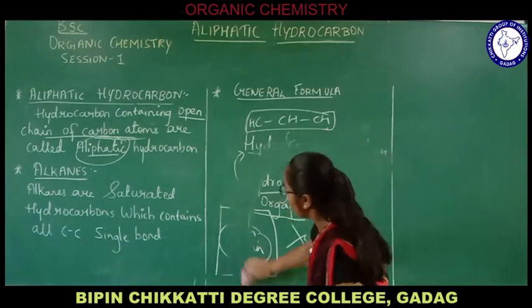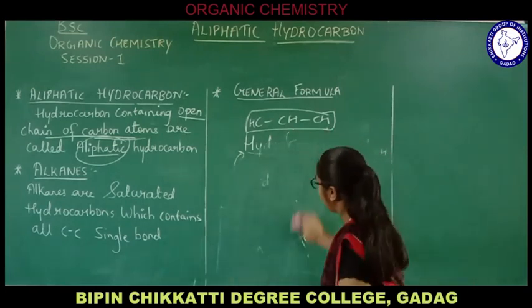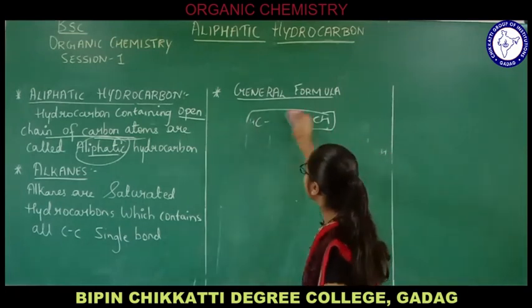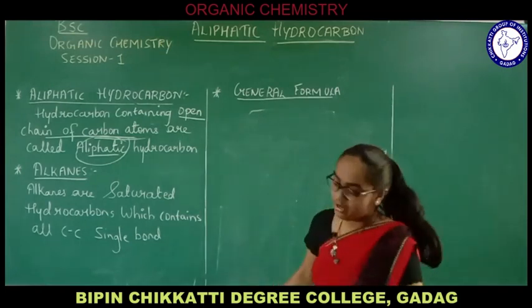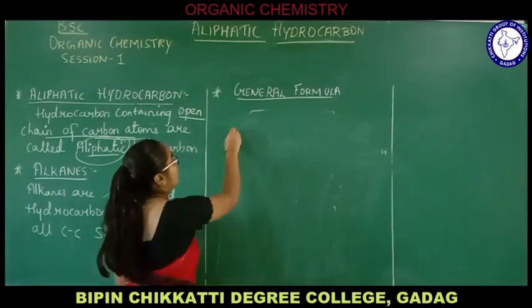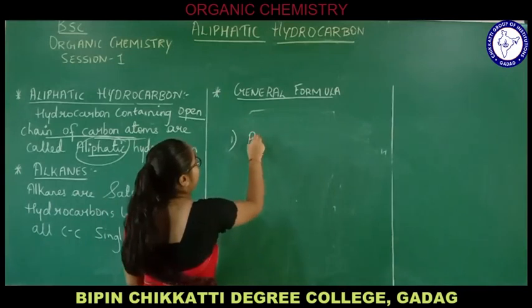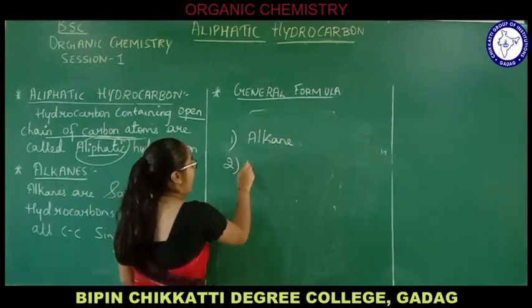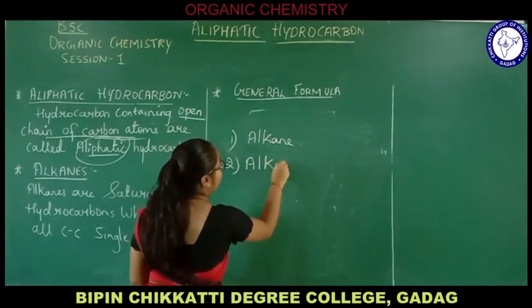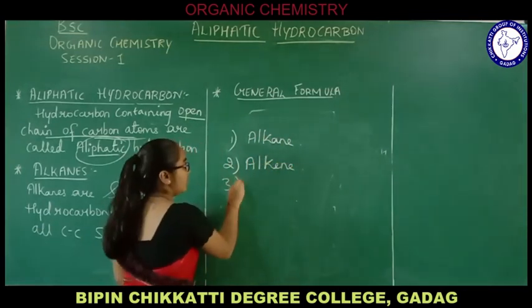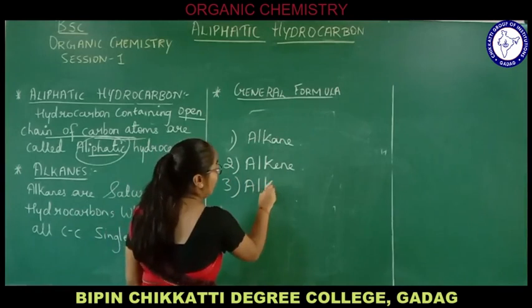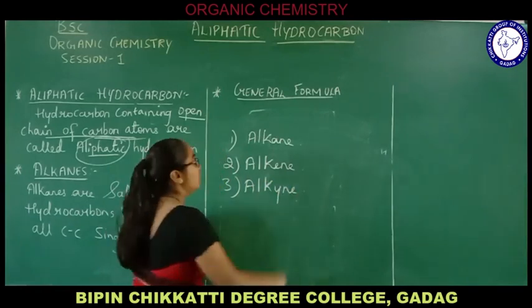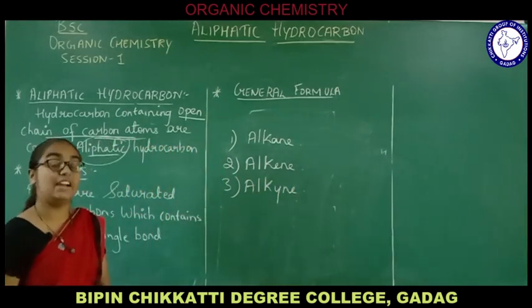Let's understand the three types of compounds coming under aliphatic hydrocarbon. First one is alkane. Second one is alkene. Third one is alkyne. Okay, these are the aliphatic hydrocarbons.